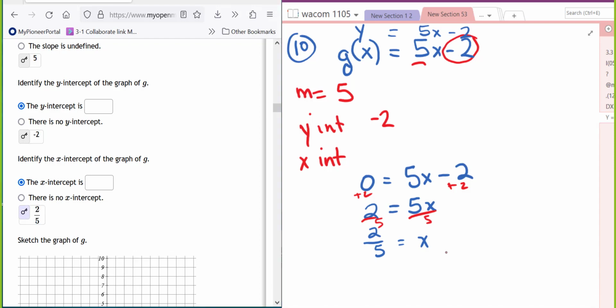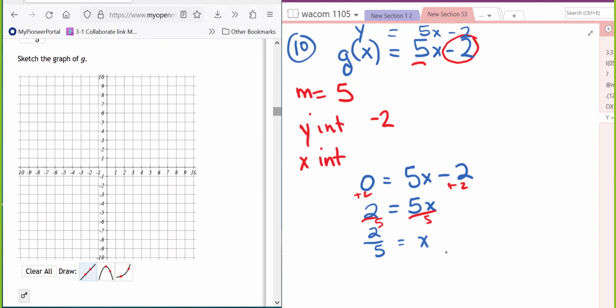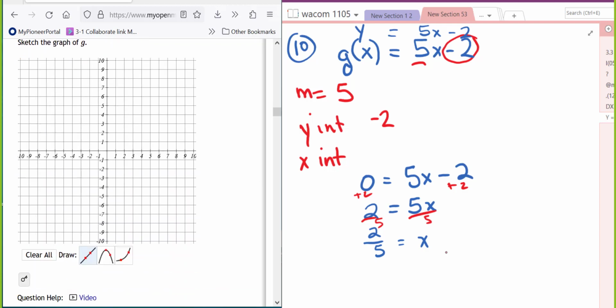And now they want us to graph this. Right, and we're not allowed to blow it up or anything. So we'll work with what's there. We will need the line tool. This is a line. And we will use the y-intercept and the slope. So -2 on the y-axis.